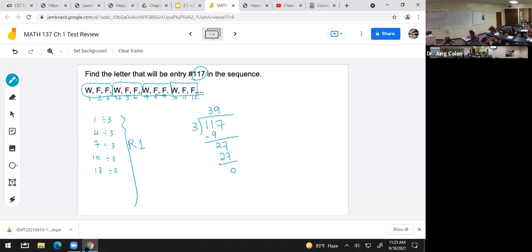So there is no remainder. What's the letter for that? It's F, because the remainder is not 1. If it is 1, it will be W. Otherwise, it will be F. Okay? Does it make sense?